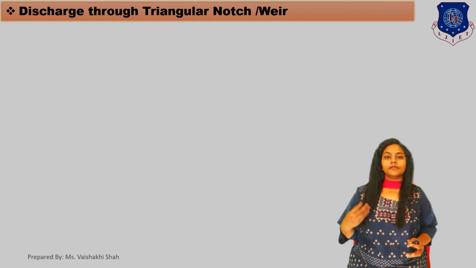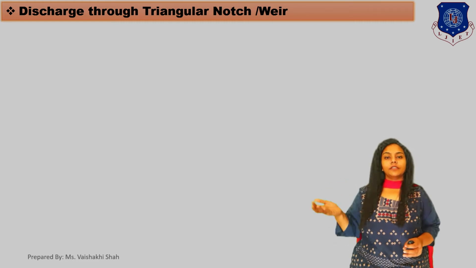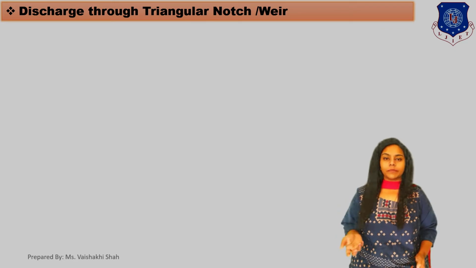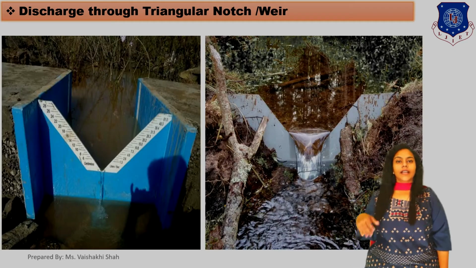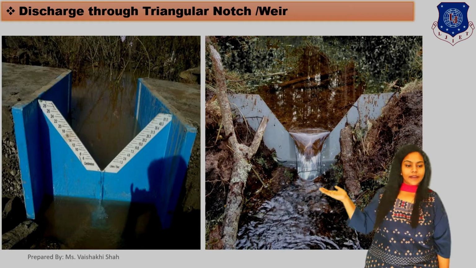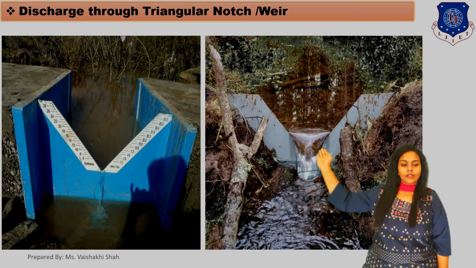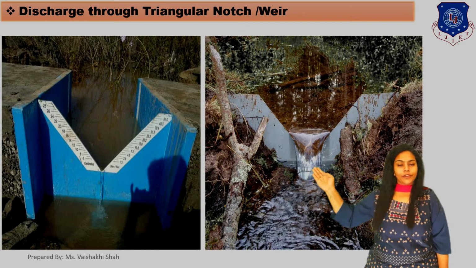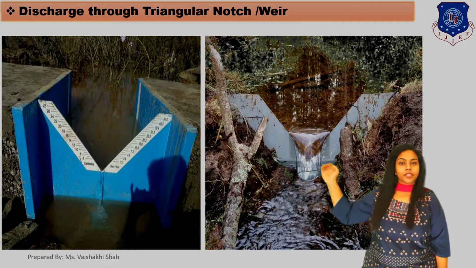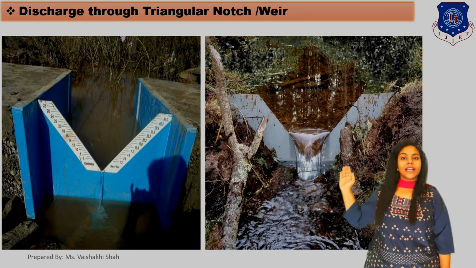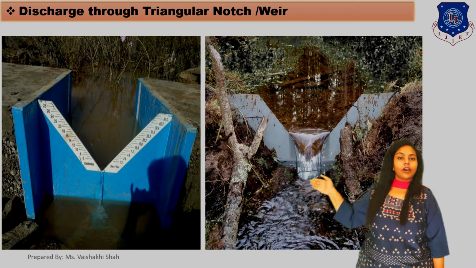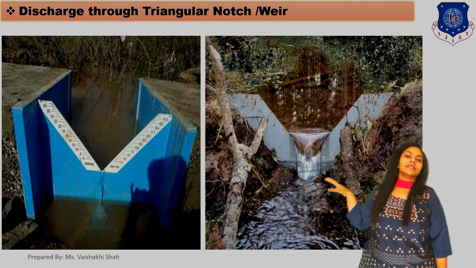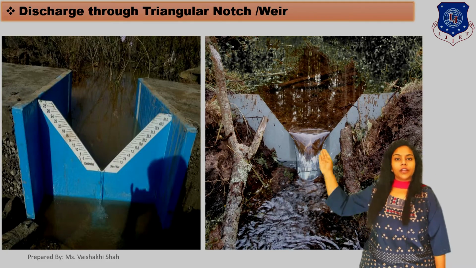The equation for discharge from a triangular notch or weir is the same. As you can see in both diagrams, this is your notch of V shape. The shape of the notch is V or triangular, that is why this is also called a V notch.